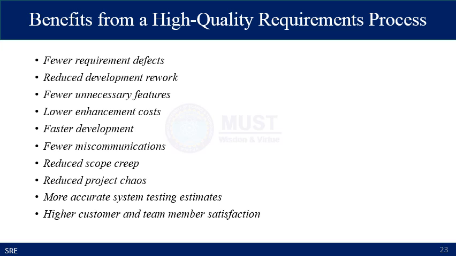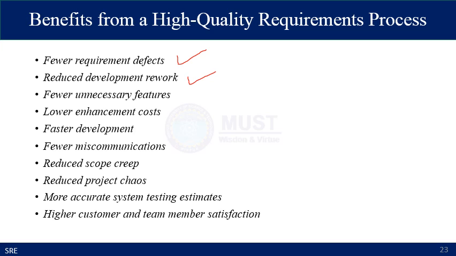There are many benefits of a high quality requirement process. Initially, if you have a high quality requirement process, you are bound to have a high quality software product. If you have a better software requirement engineering process, there will be fewer requirement defects which will greatly reduce the development and rework costs.